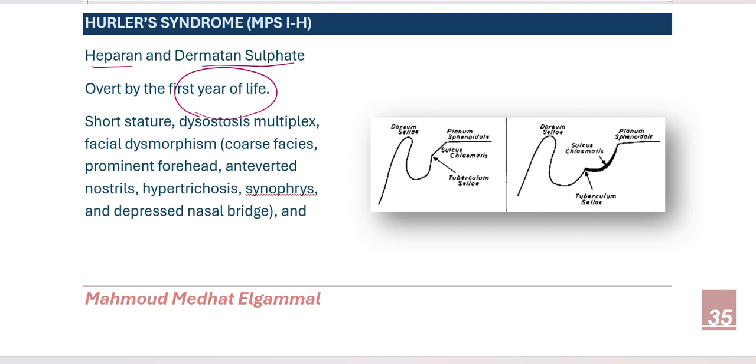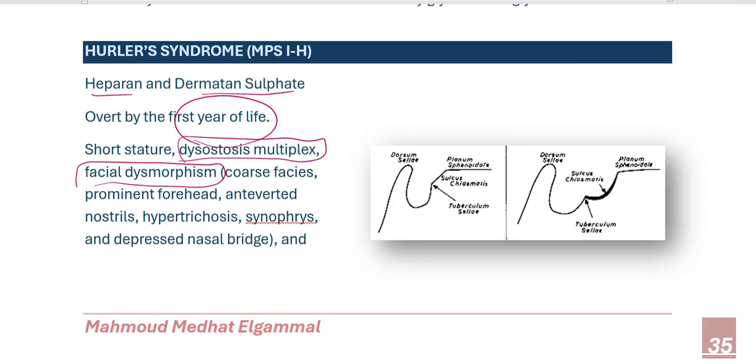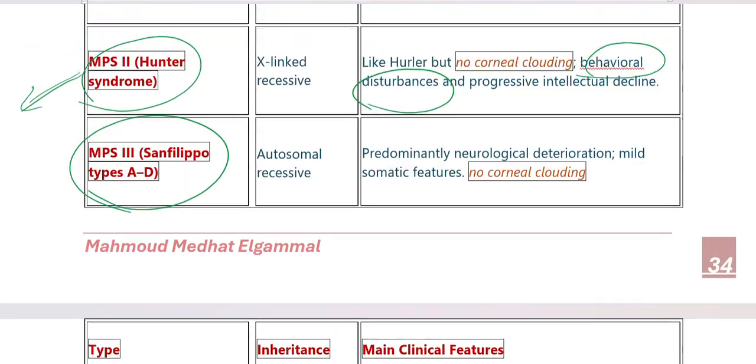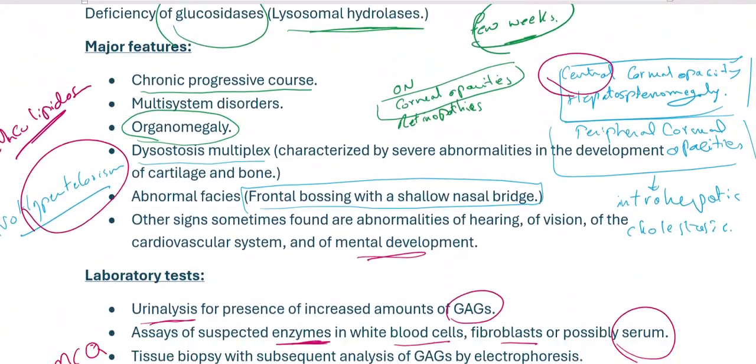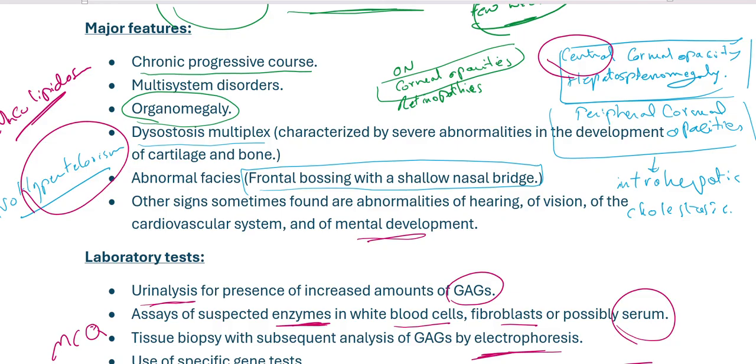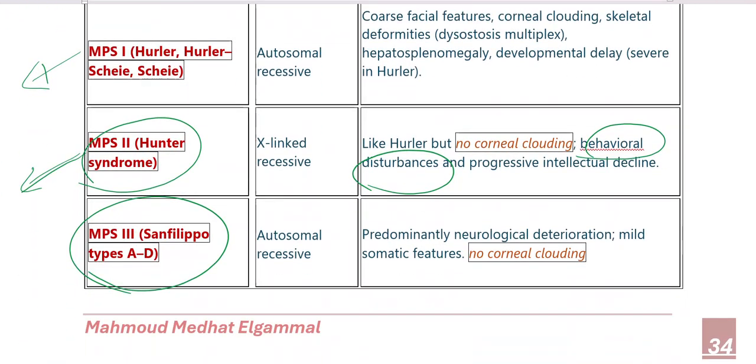This child shows short stature, dysostosis multiplex, organomegaly, and facial dysmorphism, which is just like the general manifestations that we just mentioned: frontal bossing, shallow nasal bridge, usually not true hypertelorism. Number 2 is dysostosis multiplex, and we'll discuss this further now.